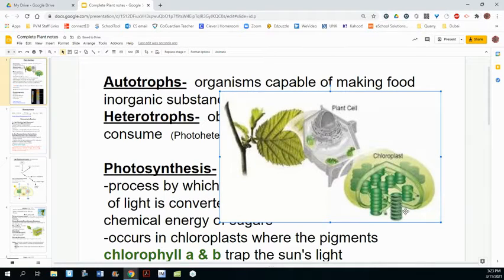So here's the inside of the chloroplast, and a leaf cell or a plant cell is going to have oodles and oodles of chloroplasts in it. And all of those chloroplasts will have these stacks of grana, and they're made up of thylakoid membranes. These membranes have the green pigments inside of them. The stroma is the liquid or fluid that surrounds these.